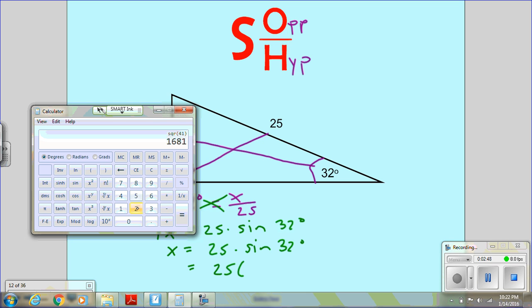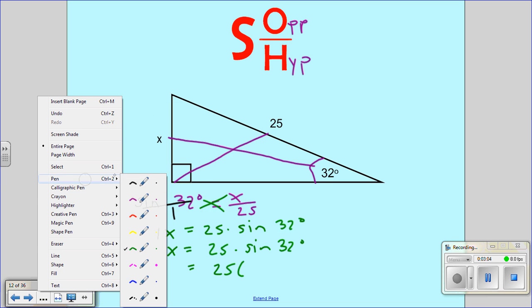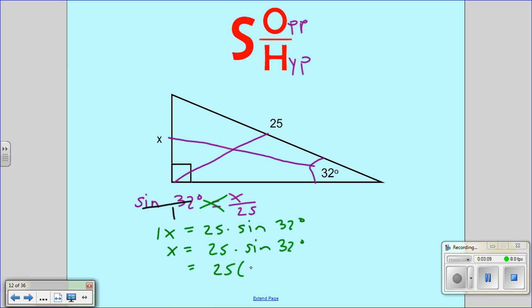So on a normal scientific calculator, most likely you'll have to type the angle first, so 32 and then hit the sine button. So that tells us the sine of 32 is 52.99. So let's remember that and write it down. 52.99. And now we're going to multiply that together with the 25.